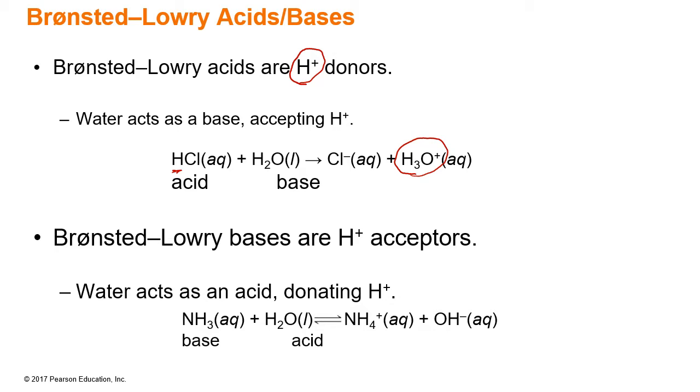So in this case, ammonia, which would not be considered an Arrhenius base because there's no OH, accepts a hydrogen and forms ammonium, and then we actually do end up with hydroxide, but that hydroxide comes from the water, not directly from the ammonium. So the water donates, acts as an acid, the NH3 accepts it, and that's what makes it a base, because it can accept that extra H plus.